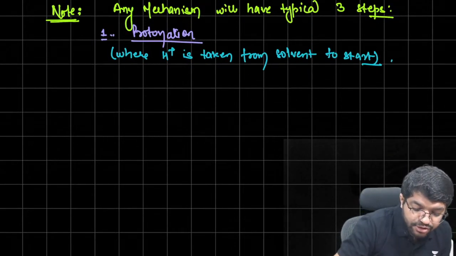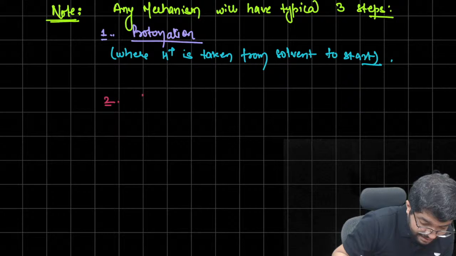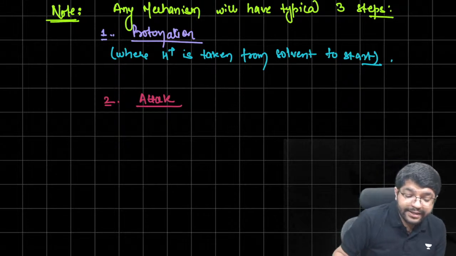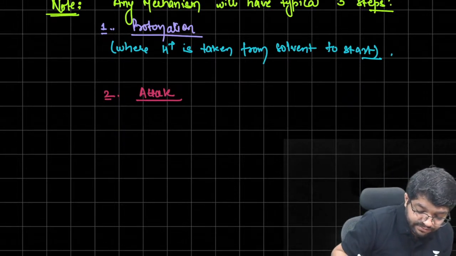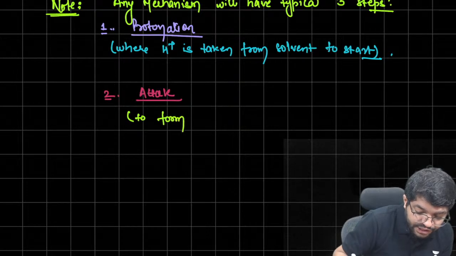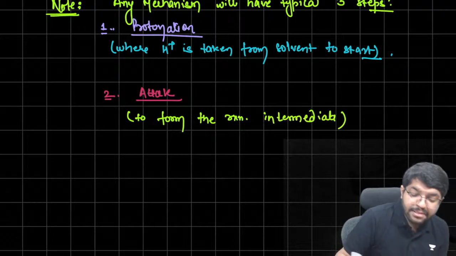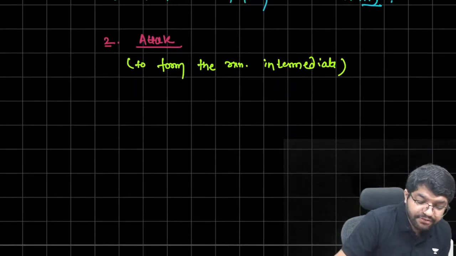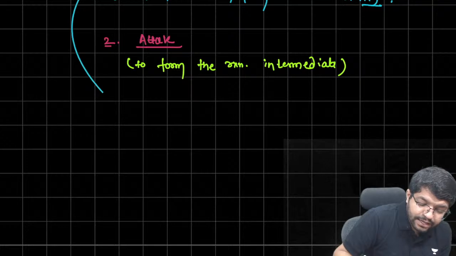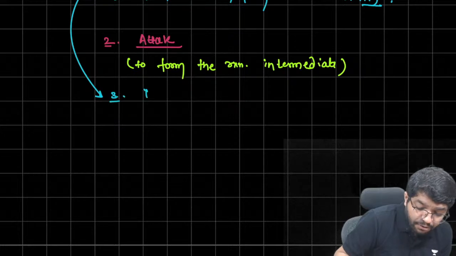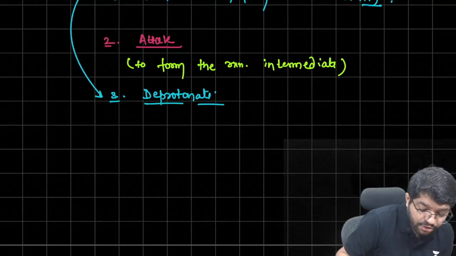My second step is the attack. It could be a nucleophile, electrophile, anything like that, attack to form the reaction intermediate. And the third step is always the reverse of the first step, which is called deprotonation. Deprotonation means anything which you have taken needs to be given back also.